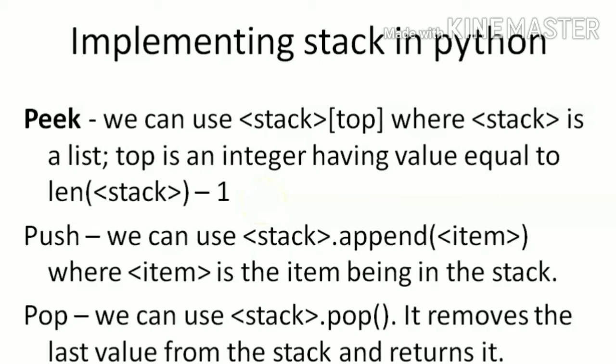Peek means stack top, the last element. So to get the last element, you can use len of stack minus 1. Because it is a list, the index will start from 0. So to get the last element, you can use len minus 1.